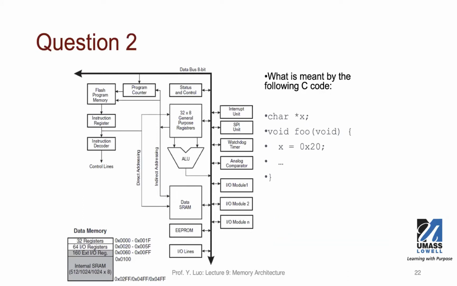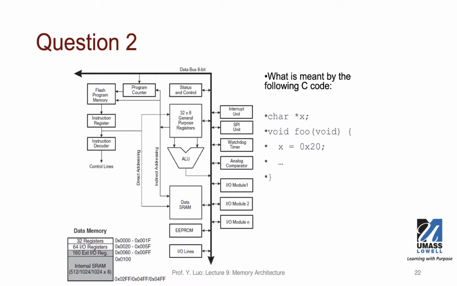The second question, we have a slightly different program here. We have the same foo function, and the way we use x is the same. However, when we declare this variable, we declare it as a character pointer, char *x. So same questions. What is the size of this variable going to be?